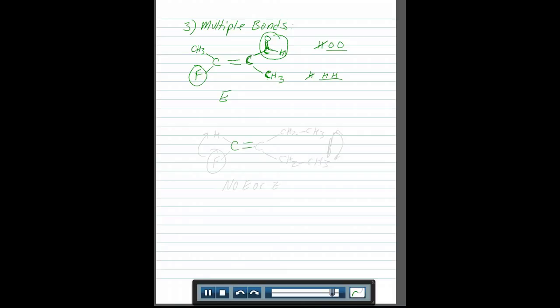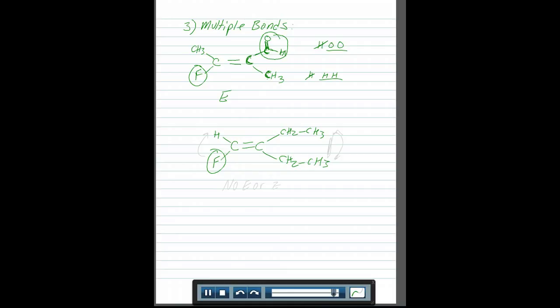Let me just give you an example. Like let's say we have a CH2CH3, CH2CH3, and let's say we have a hydrogen and a fluorine. On the left side, the fluorine gets a priority, but notice on the right side, these are the exact same groups. There is no priority.